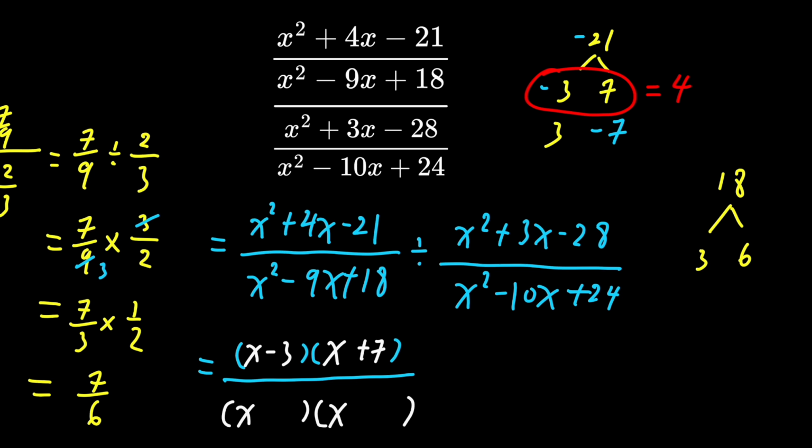But there's a problem. Two positive numbers added together will give us a positive number. So if we want to get a negative number, the two numbers must be negative. So negative 3 and negative 6 added together will be negative 9. And these two negative numbers, multiplied together, will still give us a positive 18. So we will use these two numbers.